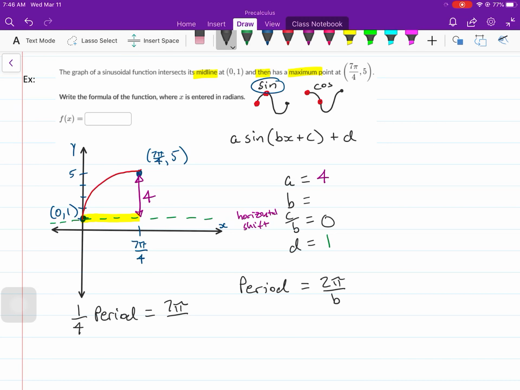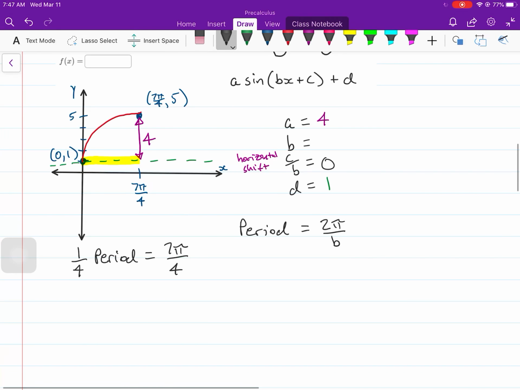So a quarter of our period is 7π over 4. You can just multiply the 4 to the other side, and our period would then equal 7π, because you're just multiplying this by 4. Since our period is 7π, let's set 2π over b equal to 7π and figure out what b is.